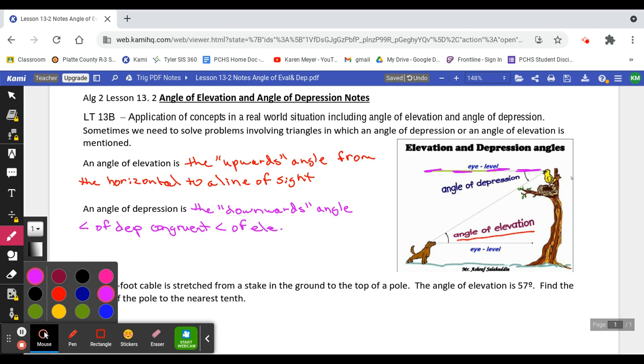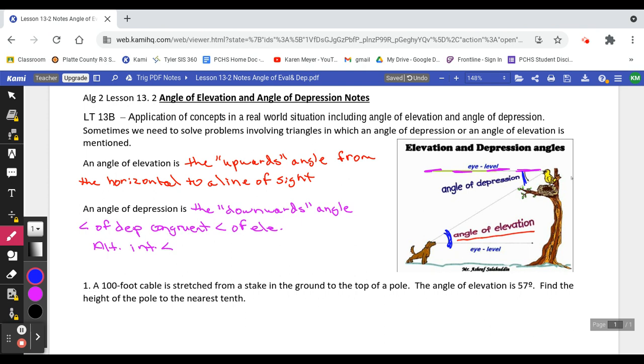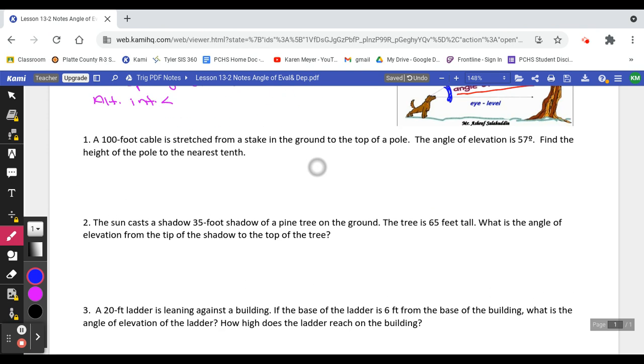If you remember why, though you don't have to, it's because they are alternate interior angles, and alternate interior angles are congruent. So really, the angle of depression is the same as the angle of elevation. Hopefully you'll better understand that when we get to some actual word problems.